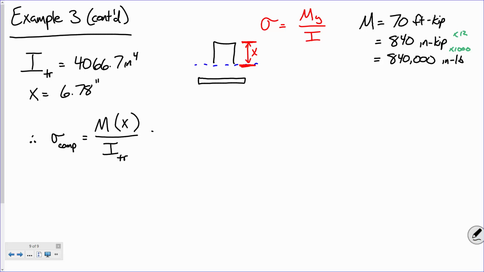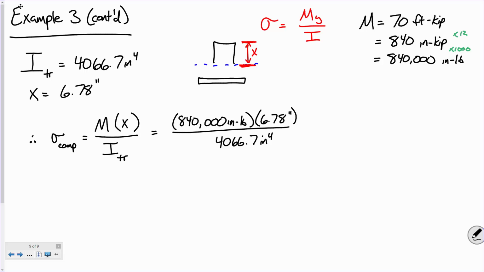So that is 840,000 inch-pounds, X is 6.78 inches, divided by about 4,000 inches to the fourth, and if you plug and chug, we get a compressive stress of 1,400.7.